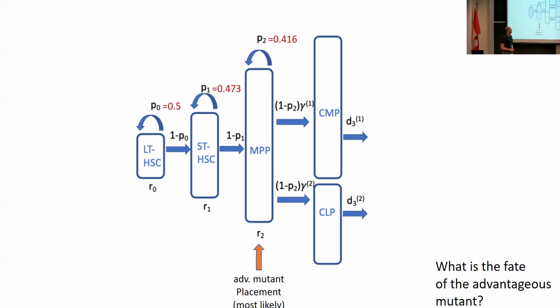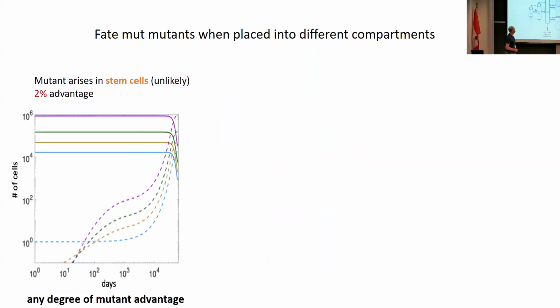This is more likely. It's even more likely that they get placed in the multipotent progenitors, because cells divide more and more as you go downstream. So we're asking, what is the fate of an advantageous mutant if you place them here, here, and here? And this is shown in these graphs over here. So there's a fate of a mutant when placed into the different compartments.